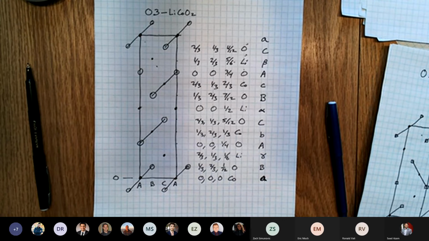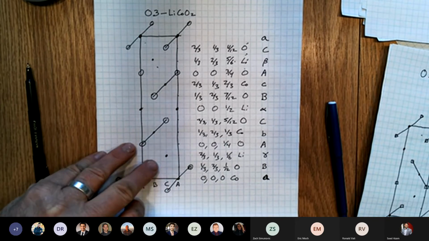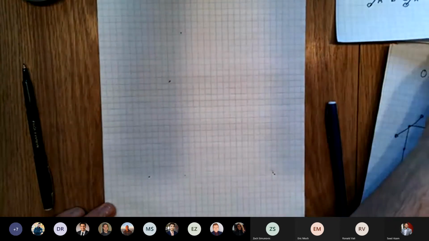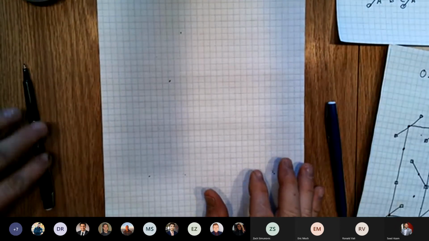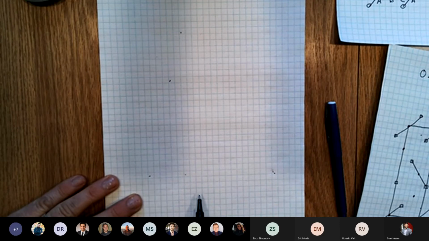Okay, well, it turns out that lithium cobalt oxide can have another structure. It's different than this. And in the 1990s, it was interesting to figure out which one of these two would be more interesting to use in lithium-ion cells.